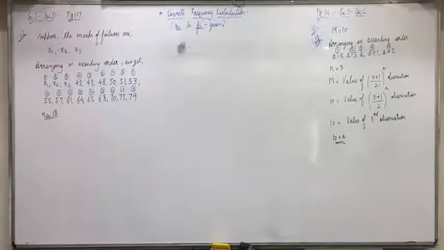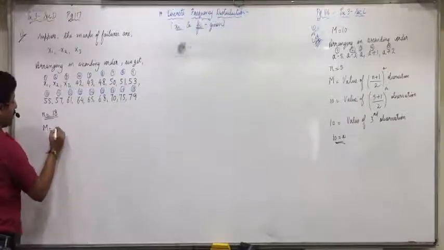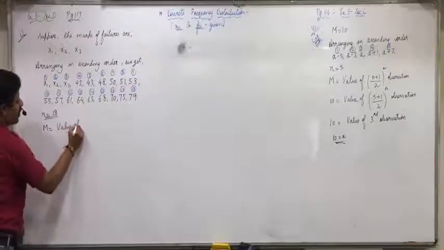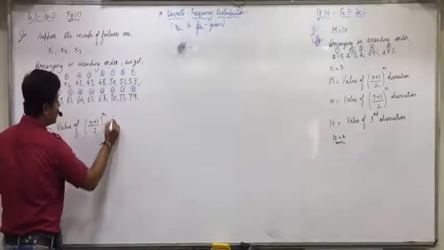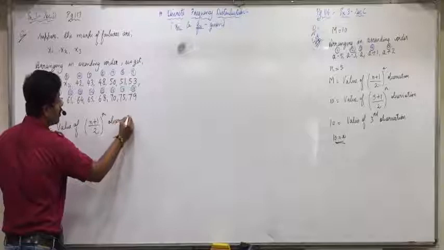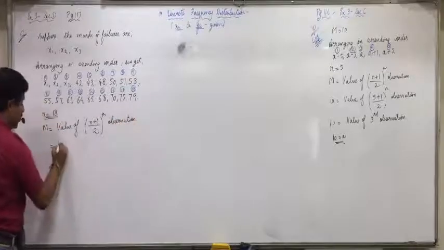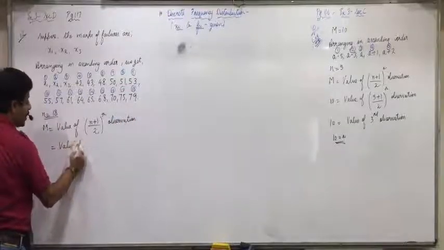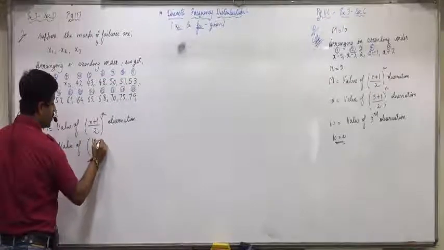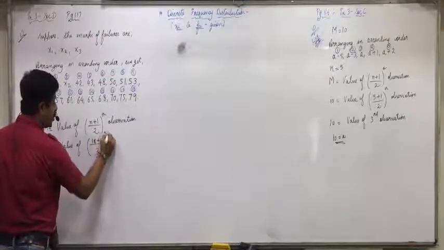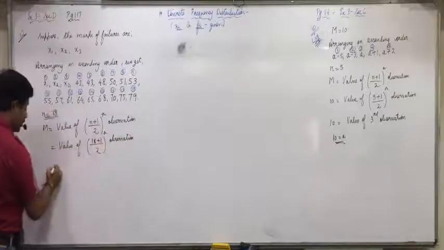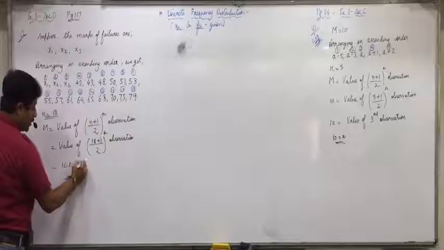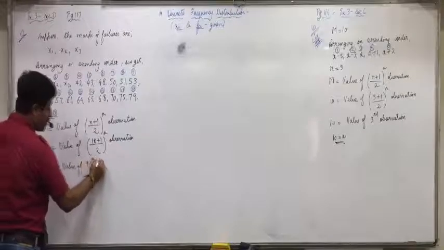Who is able to get 54? Now those who are not able to get it. Median is the value of the (n plus 1) divided by 2th observation. Value of n is 18, so (18 plus 1) divided by 2th observation. 18 plus 1, 19 divided by 2 is the 9.5th observation.